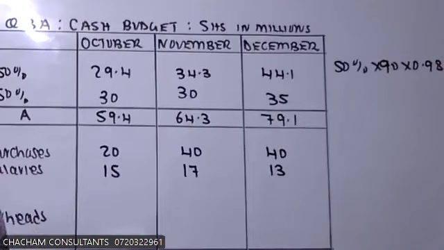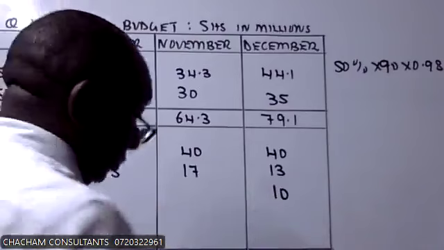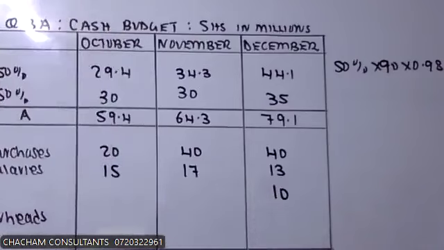Now, this rent of 10 million for each quarter is payable in December. So we come here in December, we pay 10. Other cash overheads per month are payable. So every month, 2 million here.